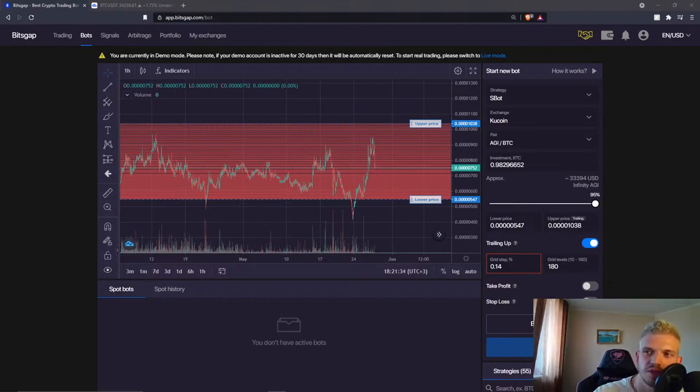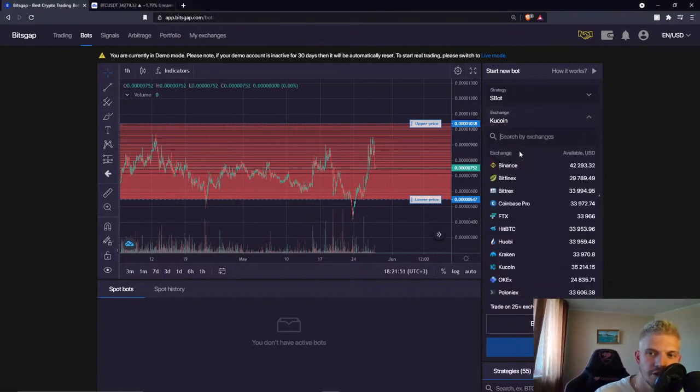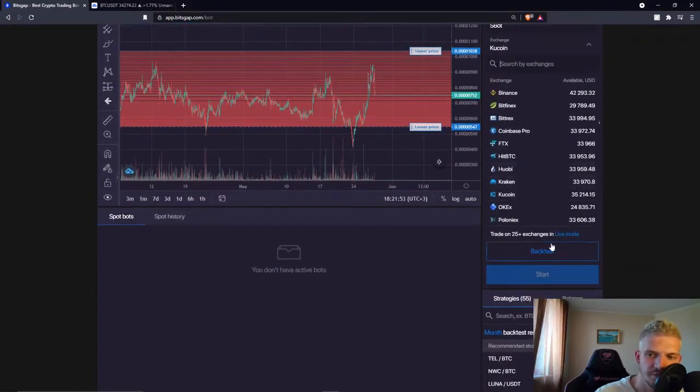There are people asking to integrate some more exchanges. I can't tell you what exact exchanges we will integrate, but you can notice that we support a lot of exchanges as of today.